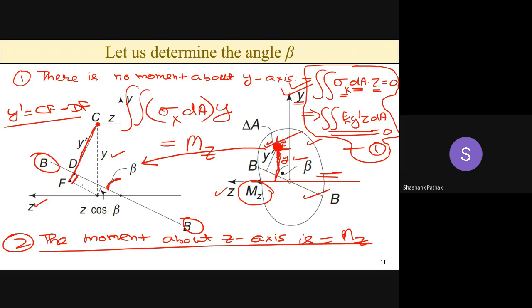So DF is nothing but z cos beta. And CF, you can write in terms of y, so this entire length can be written as y sine beta. If you put that here, you get y prime as y sine beta minus z cos beta.